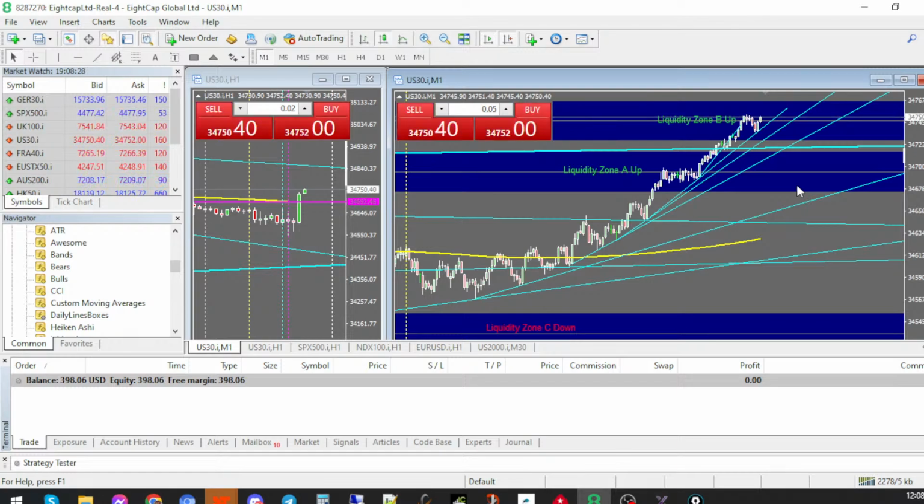What we're looking for right now is a break of the trend line so that we can go short.